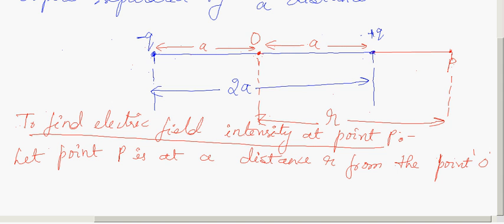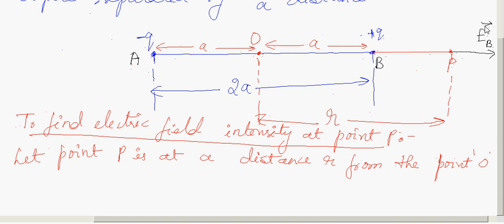The electric field due to plus q is pointing away from it. Let minus q be at point A and plus q at point B. The electric field at P due to plus q is EB, which is away from plus q.